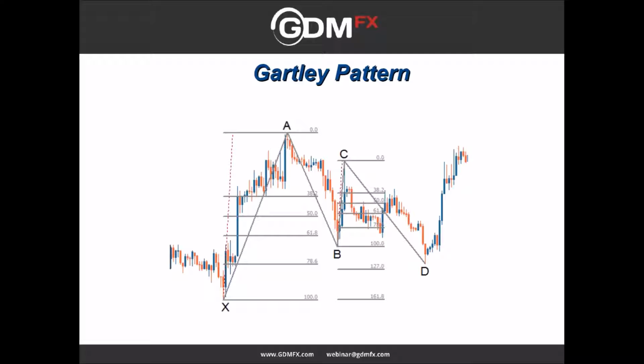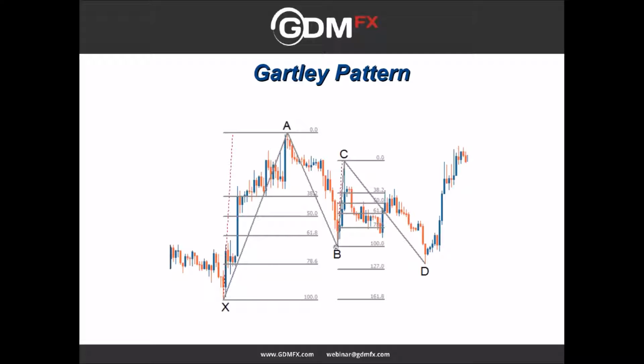So sometimes it stays above, sometimes comes even lower, but in most cases, the ideal D point should also represent something between 127% to 161.8%, the extension of the BC leg.